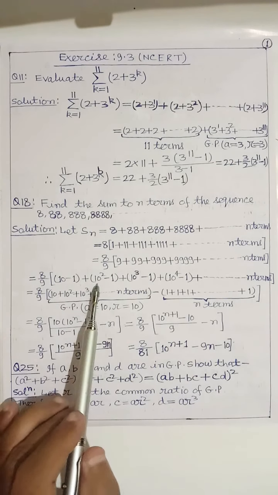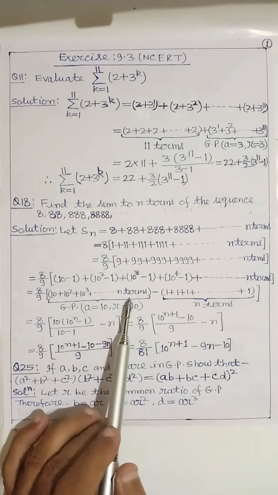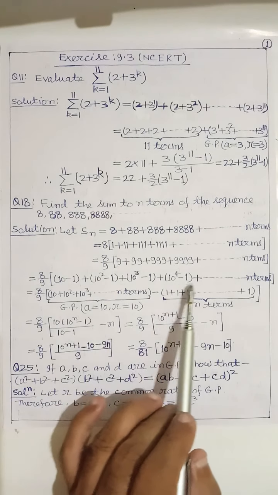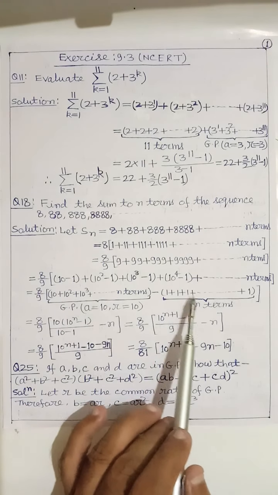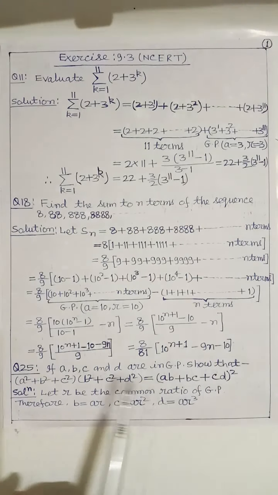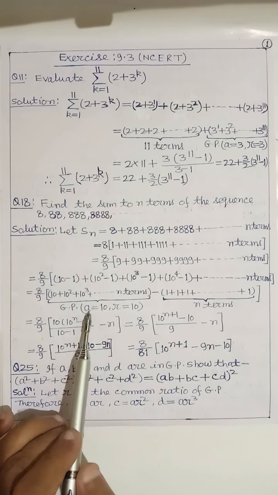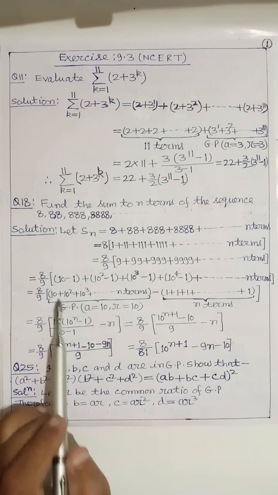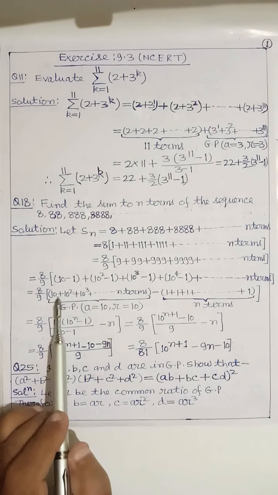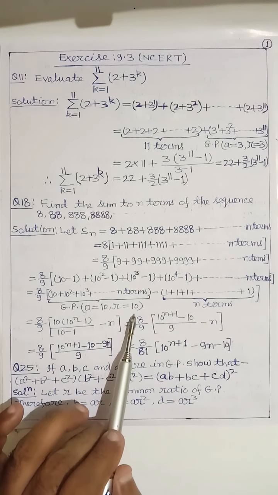And we get two series here. One is 10, 10 square, 10 cube, 10 to the power 4 up to n terms, and second, minus, we have taken common, so in the bracket we can write 1 plus 1 plus 1 and so on up to n terms. Here we get a GP where a, the first term, is equal to 10 and the common ratio r is equal to 10. 10 square by 10, 10 cube by 10 square, we get common ratio r equal to 10, which is greater than 1.